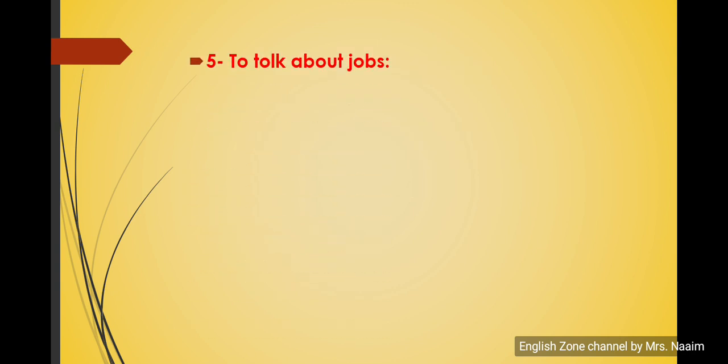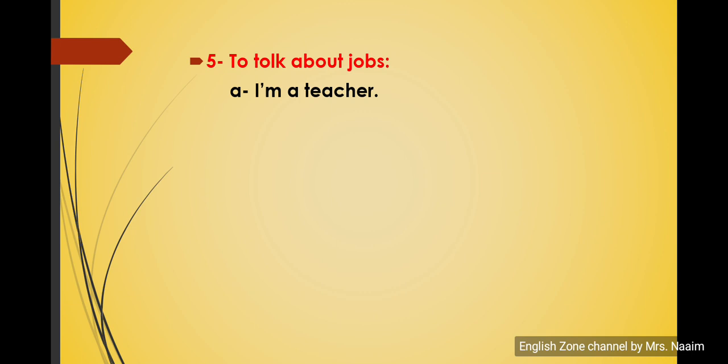Now we move to the fifth use of the verb to be. So we use the verb to be to talk about job. بمعنى نستعمل فعل الكينونة في اللغة الإنجليزية لنتحدث عن المهن. Okay. So examples. I'm a teacher.